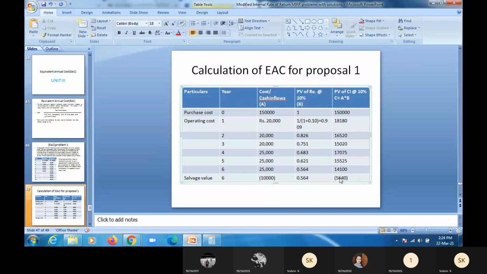After completing all these things, you go for the total present value of cash inflows.